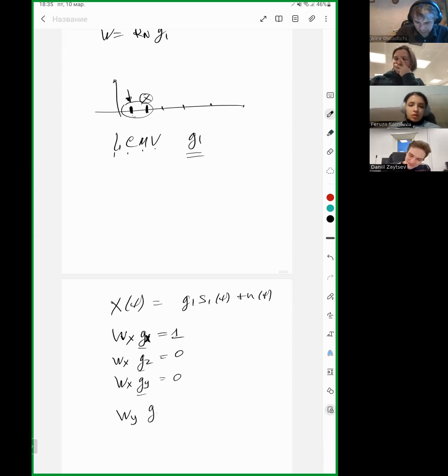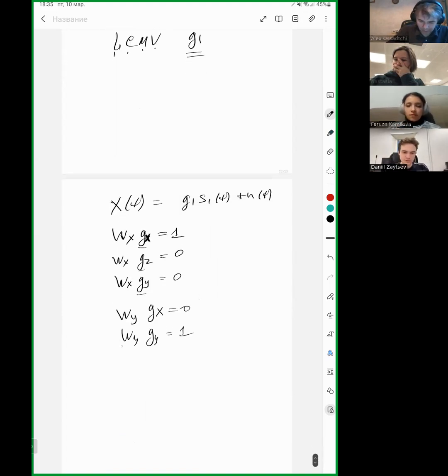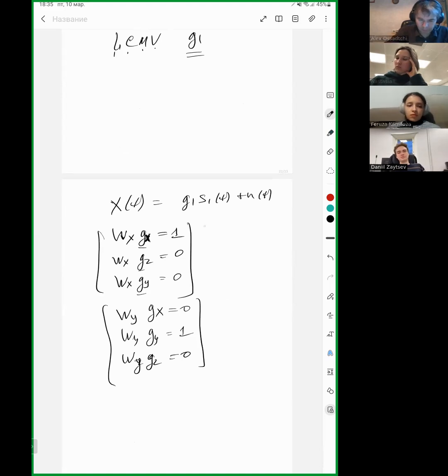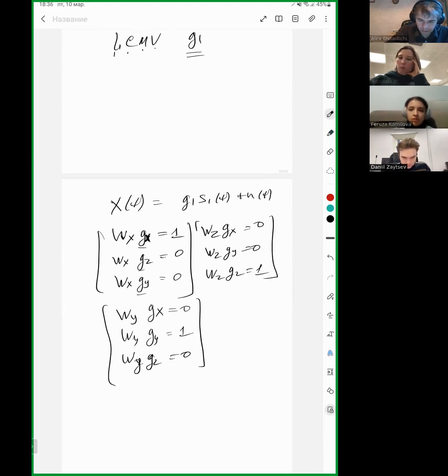In this case, Wy Gx equals 0, Wy Gy equals 1, and Wy Gz equals 0. And you have Wz, where Wz Gx will be 0, Wz Gy will be 0, and Wz Gz will be 1.